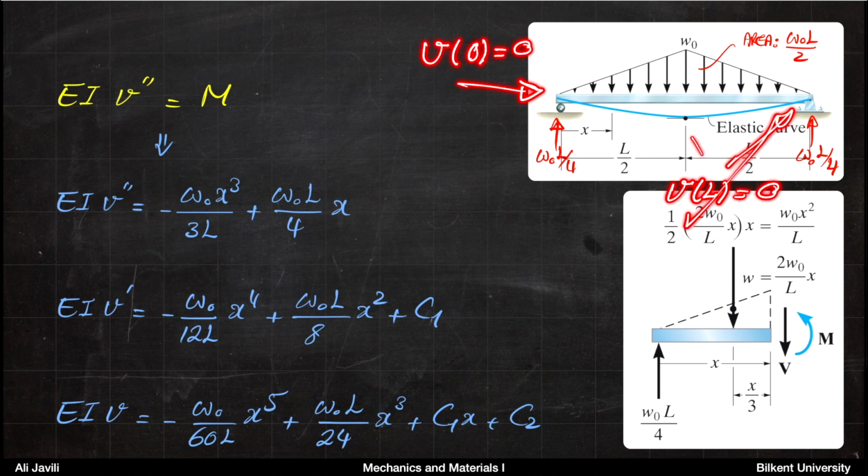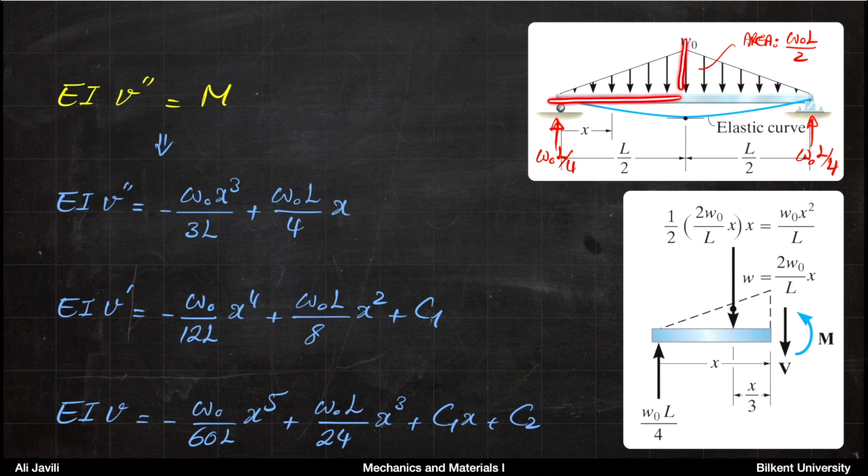But this condition is not good. This is not helping us here, because remember, what we are writing here is only valid for the first half of the beam. We use the symmetry. We clearly assume that x is between 0 and L over 2. For the second half of the beam, we cannot use this.